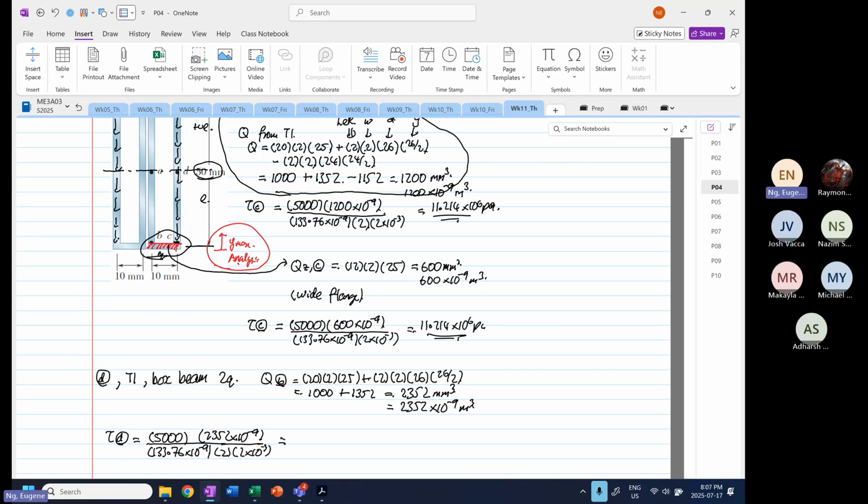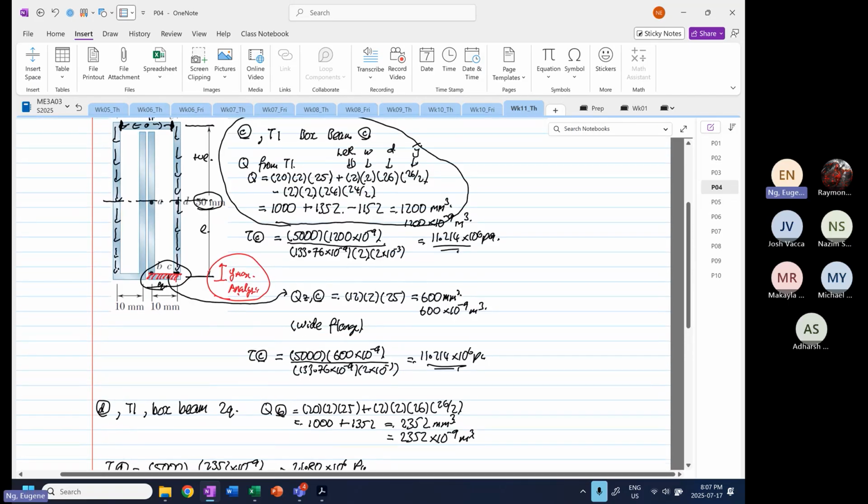So this is equal to 5,000 times 2352 times 10 to the power minus 9, divided by 133.76 times 10 to the power minus 9, divided by 2, divided by 2 times 10 to the power minus 3, which is equal to 21.80 times 10 to the power 6 Pascal.